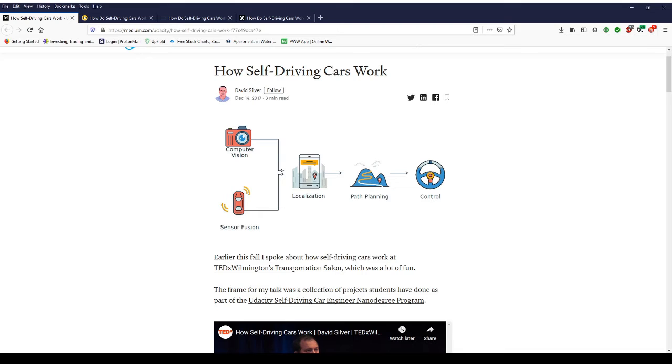And the next stage is precisely path planning. Once you know where you are and what your environment is, then you can plan your path. And lastly, control. Once you have the plan and you have your environment, now you need to drive. You do that by applying control.